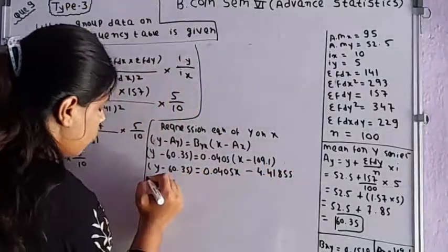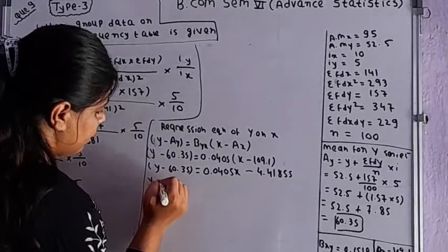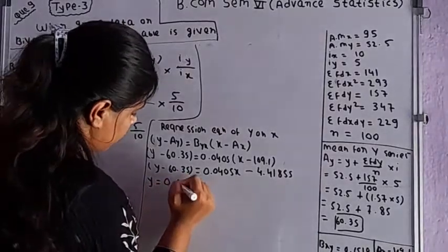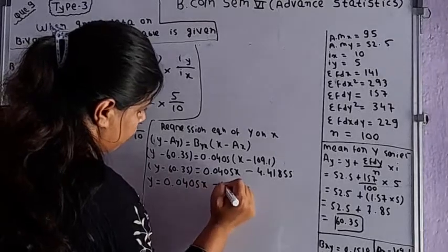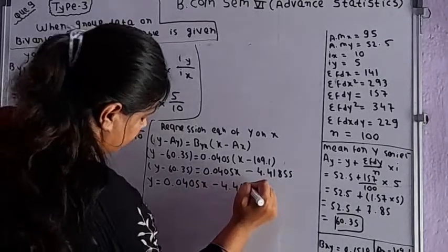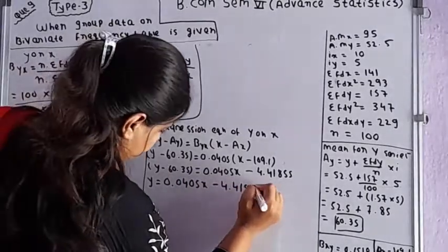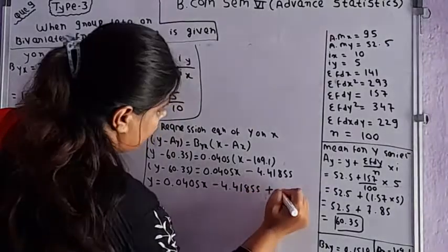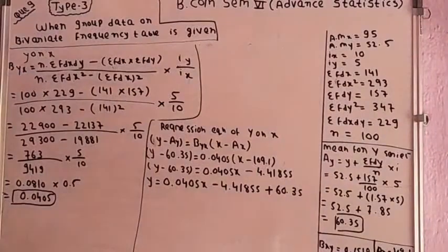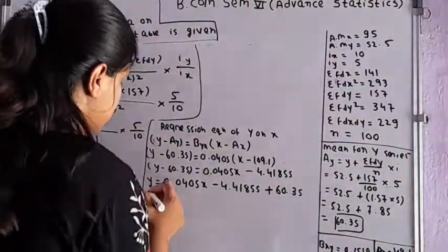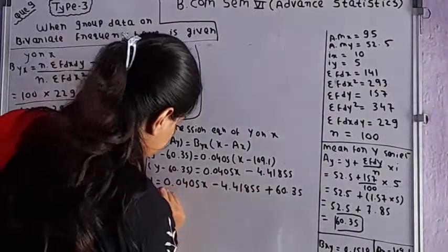So now y equals 0.0405x minus 4.41855 plus 60.35. Why plus? Because we are changing the side of that value, and when the side changes, the sign also changes. That is why plus 60.35.